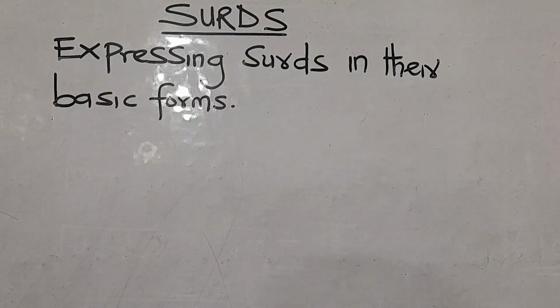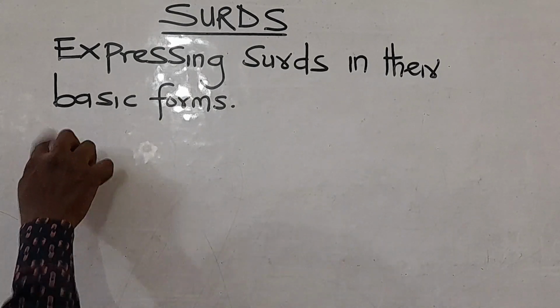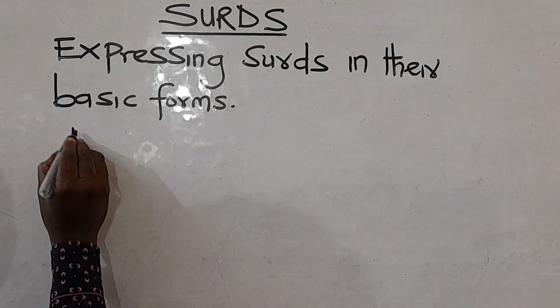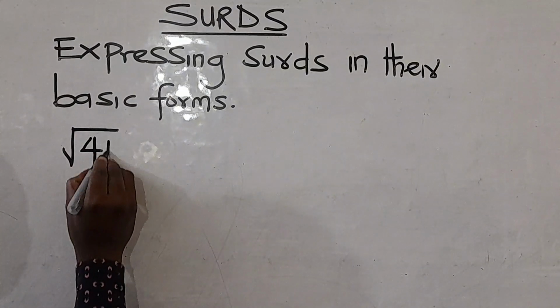Next, we look at expressing surds in their basic form. Let's take, for example, root 45.